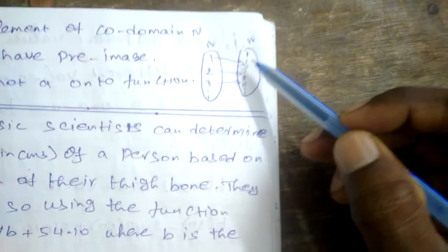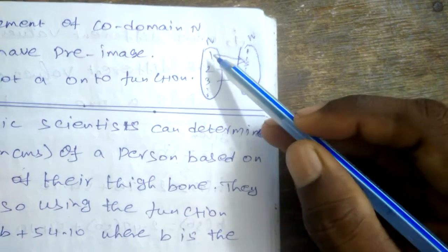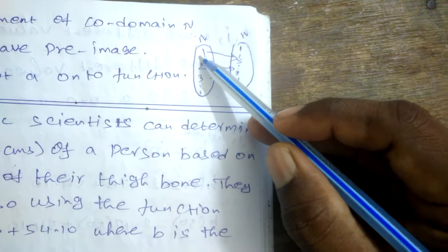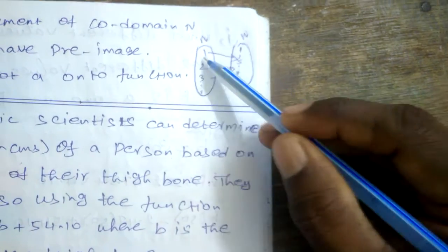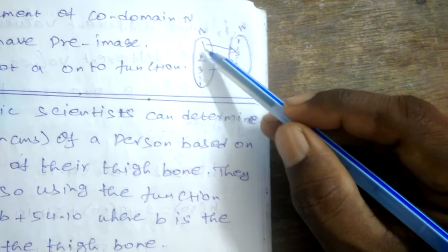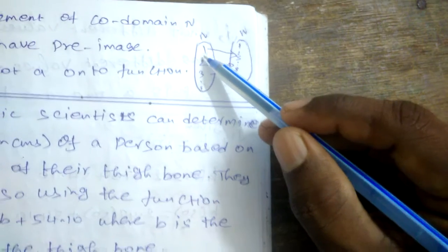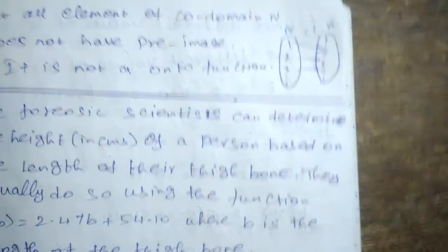Listen, 1 does not have a pre-image in N. Same as 2, 3, and 4 do not have pre-images in N. So it's not an onto function.